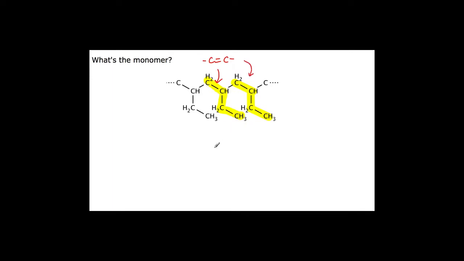And so I'm just going to draw the top two with the C double bond C next to each other. And so if this one opens up, it's going to get a free electron and a free electron, and this bond is going to disappear.